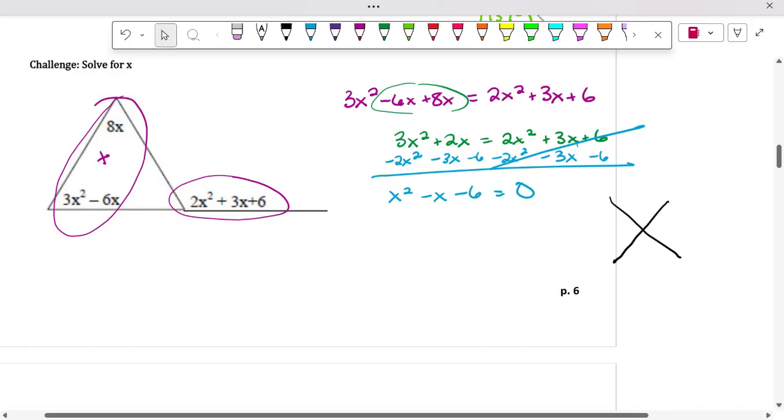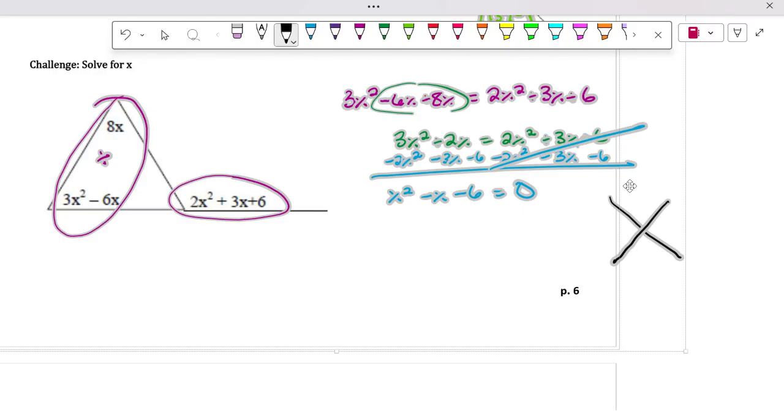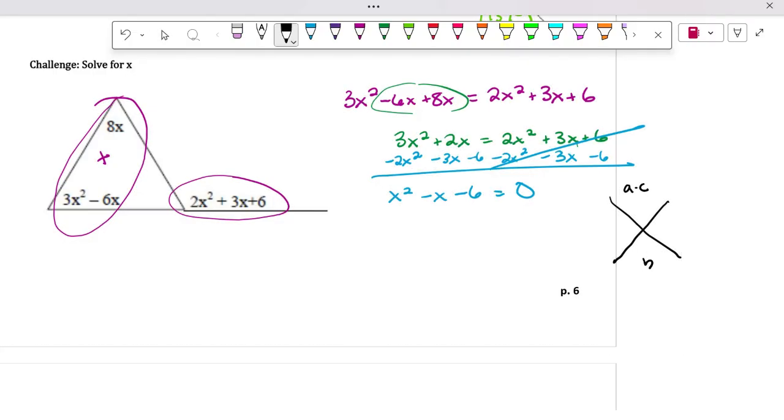If I do big X, who remembers what goes in big X? Okay, so technically it's A times C, B. You need two numbers that multiply to A times C and add to B. So this is A, B, and C, and I'm talking about the coefficients. So 1, -1, -6. So what's A times C? -6.